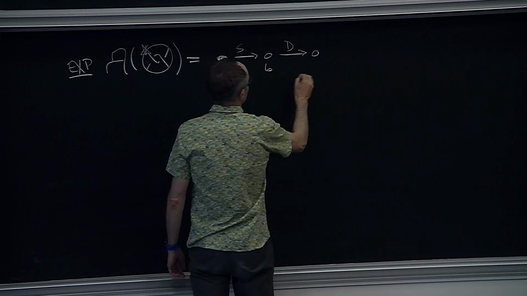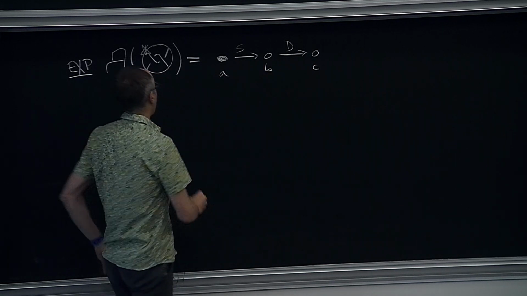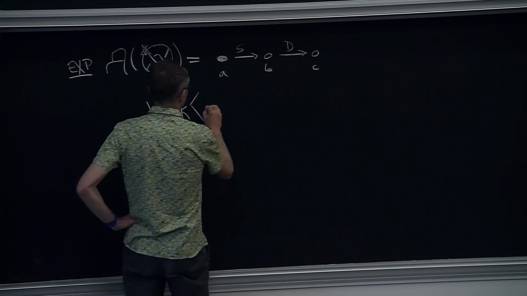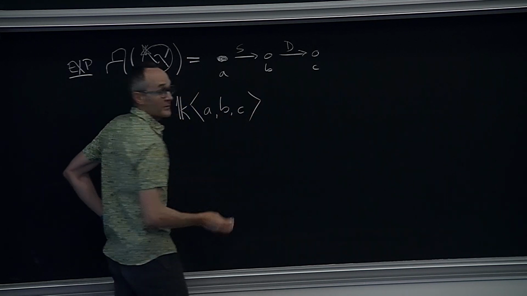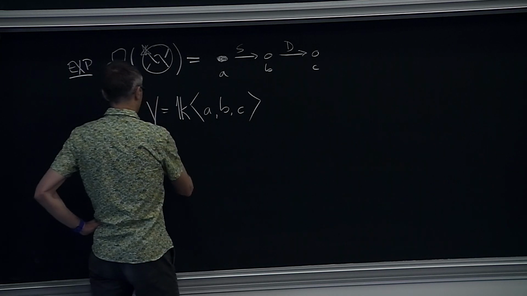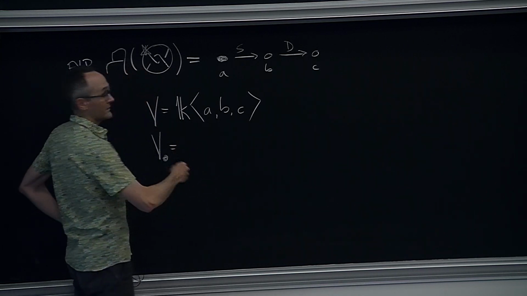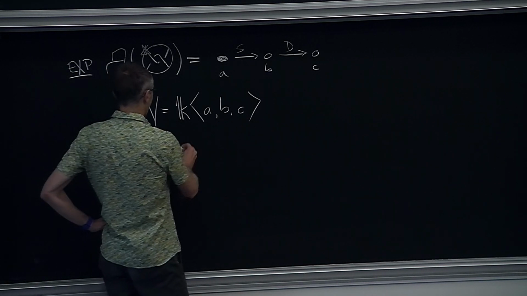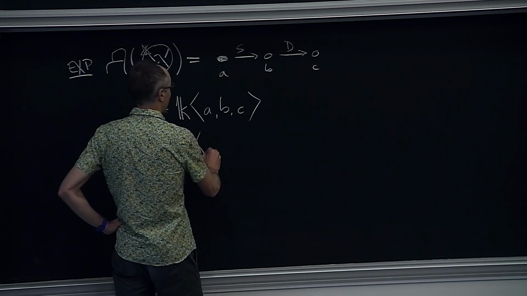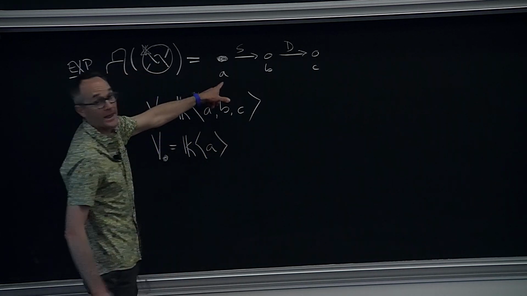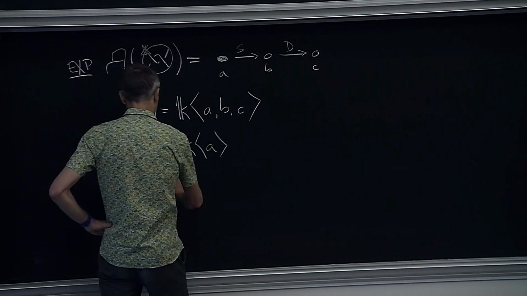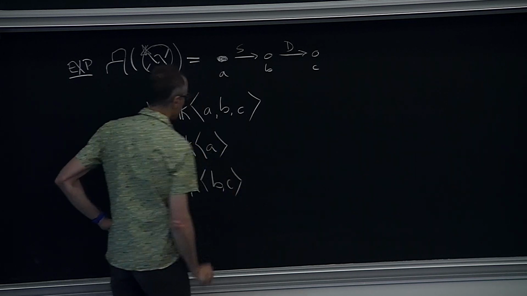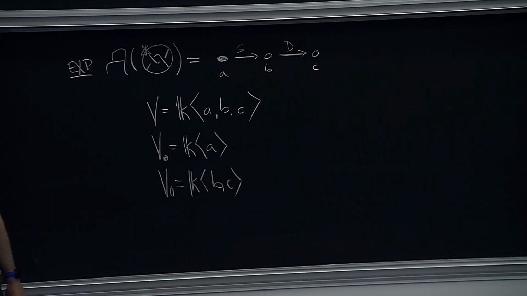So A, B, and C. Okay, so I have a vector space over K generated by A, B, and C. 3-dimensional vector space. I have the part, so this right action by the idempotent splits it into these 2 pieces. The dot, say, has K, generated by a single thing called A here. And the open is K, B, C. So there's the underlying vector space with its splitting.